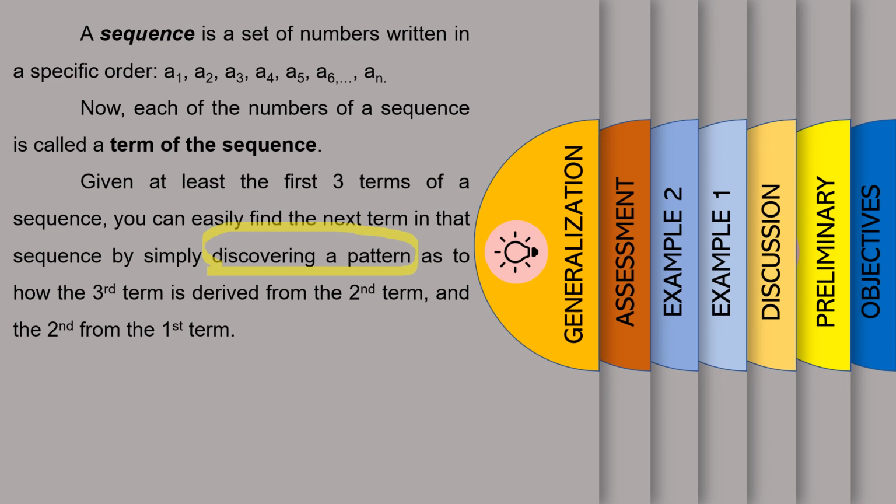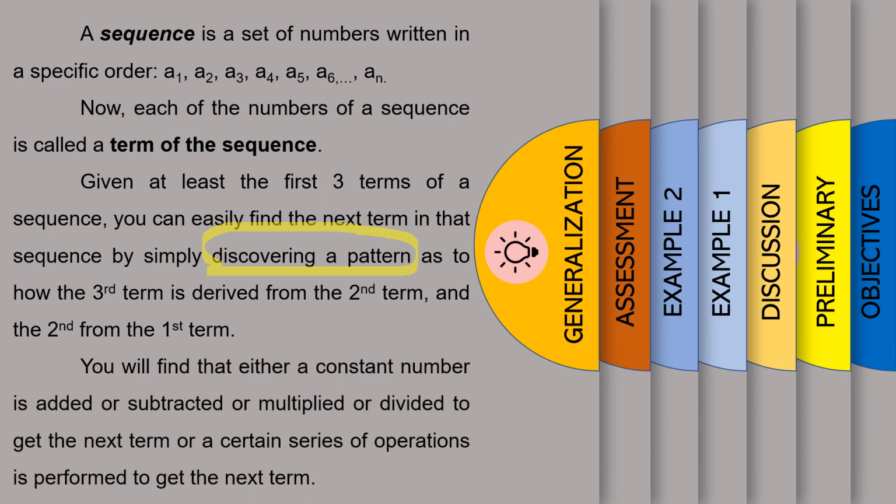Makukuha nyo na kung ano yung next few terms niya, up to the end term niya, if you will find, discover, see the pattern between given numbers in that sequence. Okay, and you will find it either a constant number is added, subtracted, multiplied, or divided to get the next term, or a certain series of operations is performed to get the next term.